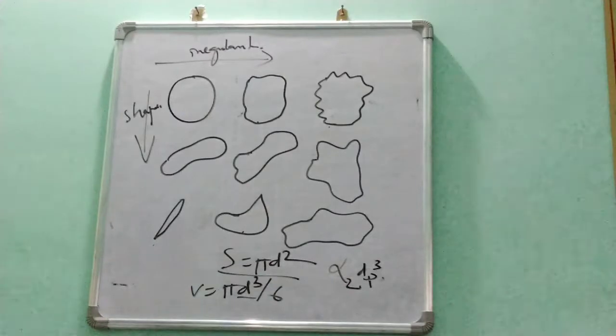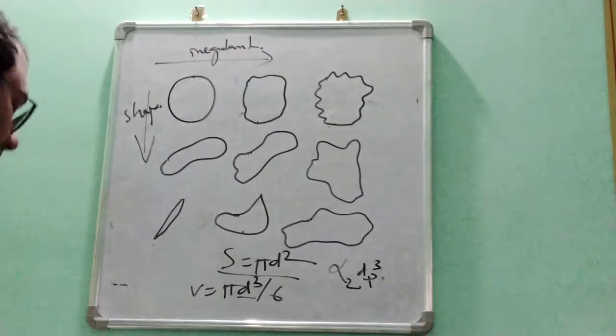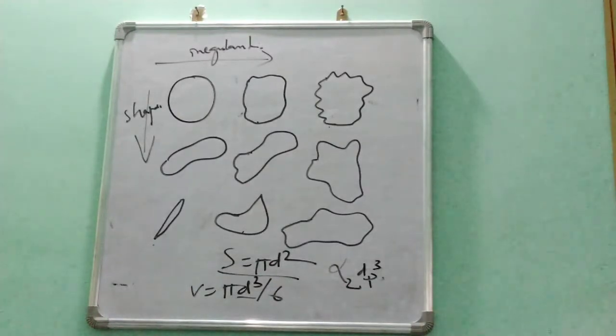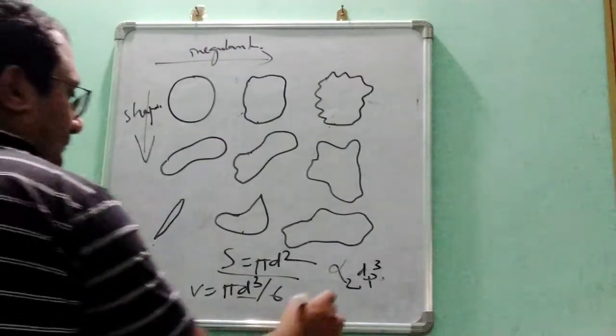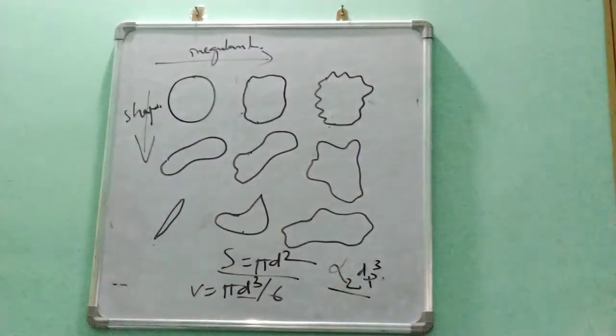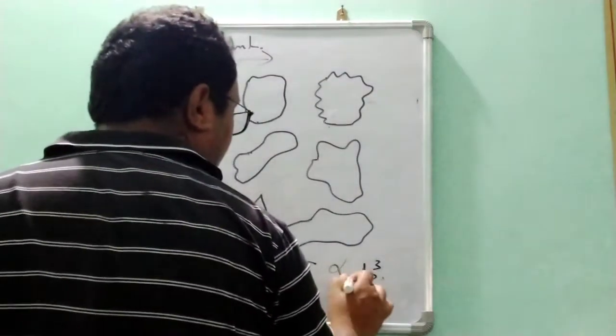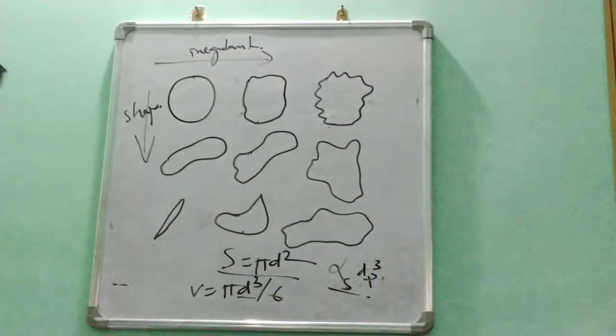Here dp means the projected diameter, and alpha s means the surface area factor. So by this equation we can calculate it.